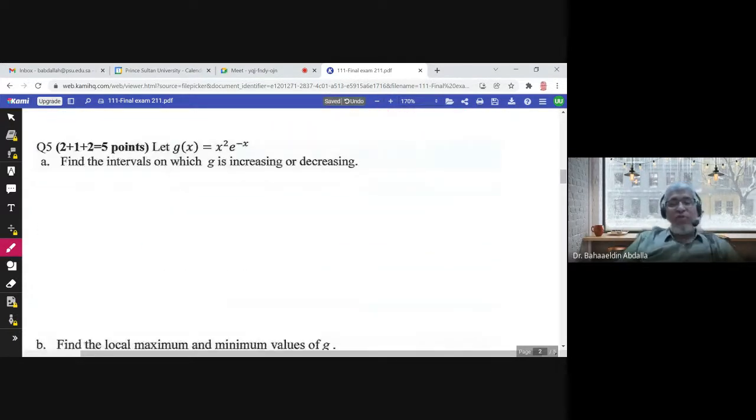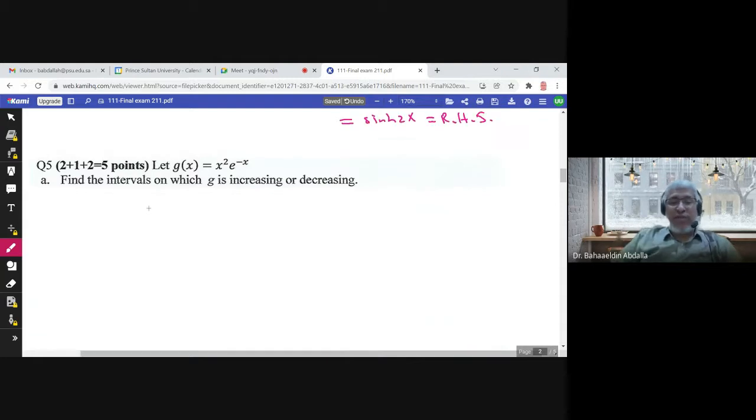Find the intervals on which this function is increasing or decreasing. To find the intervals on which the function is increasing or decreasing, I need to find the critical numbers and the first derivative. So let us find the first derivative. g prime of x would be, this is a product, I use the product rule, 2x times e to the power negative x plus x squared times the derivative of e to the power negative x, which is e to the power negative x times negative 1.